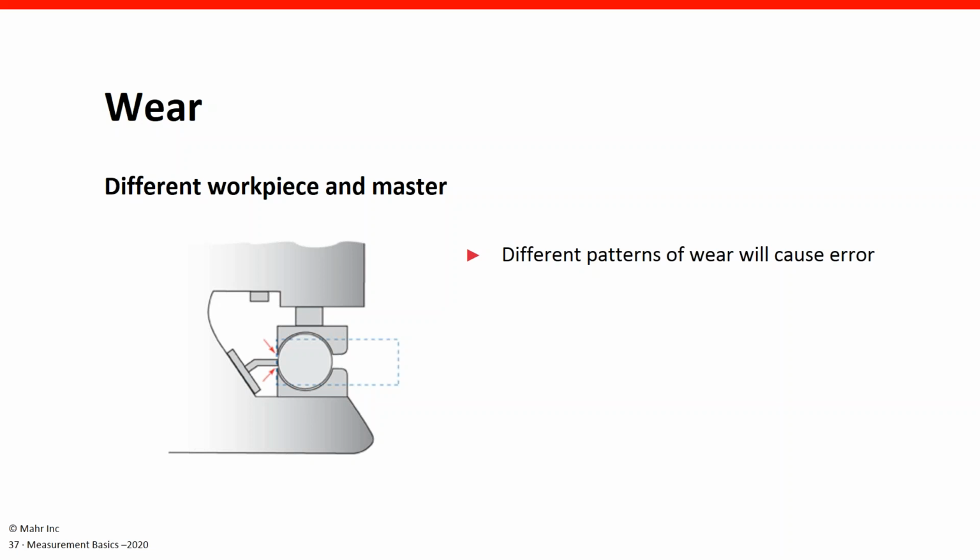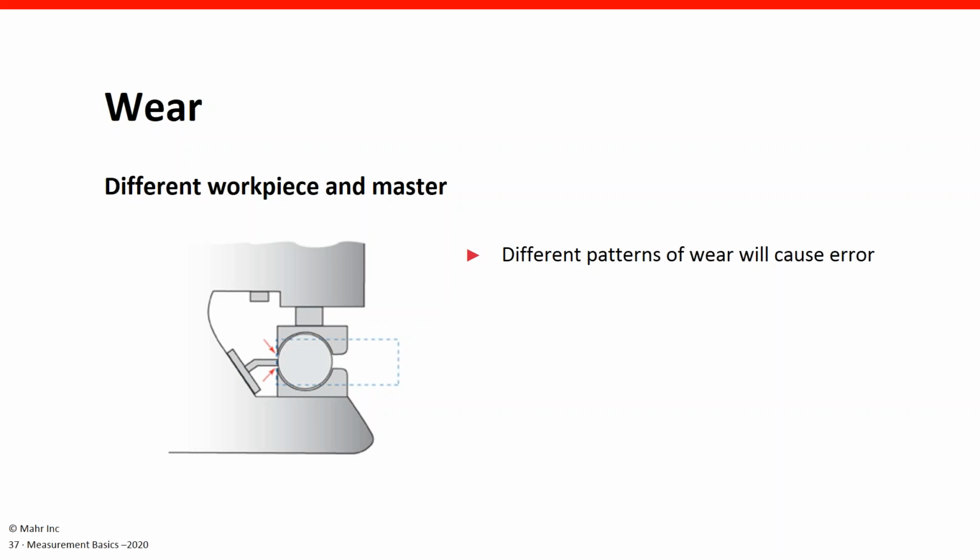And it doesn't happen too much today, but we still see cases where masters are not the same shape or form as the part we're trying to measure. It's always good when you're trying to measure a round shaft or a part such as that to have a round disc as the master.